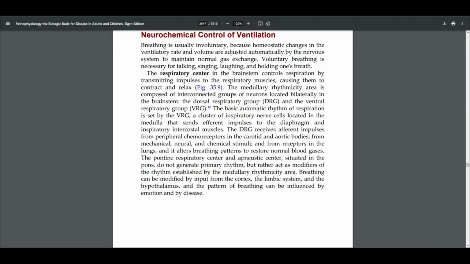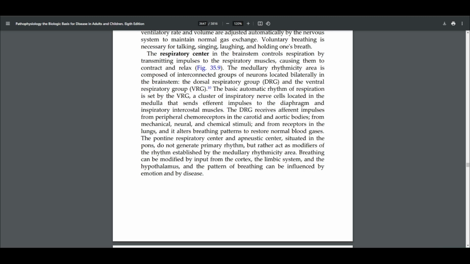The respiratory center in the brainstem controls respiration by transmitting impulses to the respiratory muscles, causing them to contract and relax. The medullary rhythmicity area is composed of interconnected groups of neurons located bilaterally in the brainstem: the dorsal respiratory group, or DRG, and the ventral respiratory group, VRG.